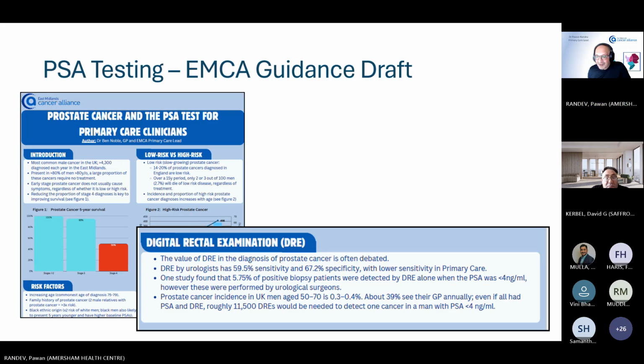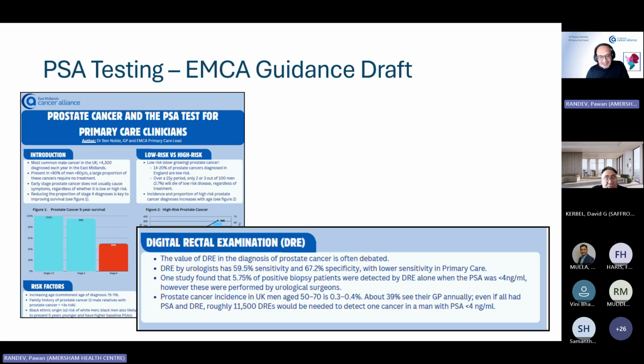Now, that matters because one of the things that really puts men off, especially in different ethnic communities, is the worry of having a rectal examination. And because we as blokes are the weaker sex when it comes to thinking about this kind of thing, little things like that do put us off.